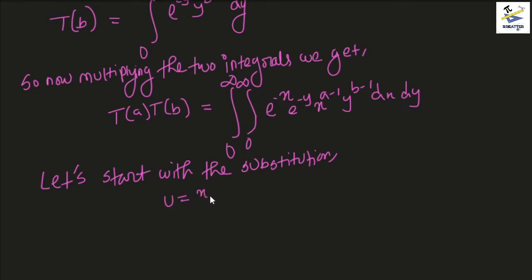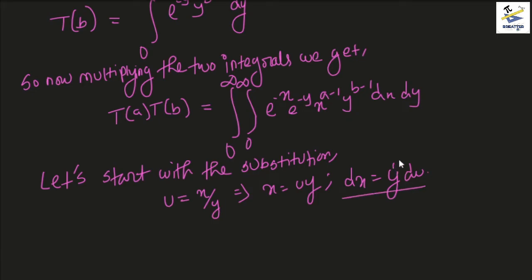U equals x by y. So this basically means x equals uy, right? And let's keep y constant, and what we get is this. Keeping y constant, what we will get is dx equals y into du, right?